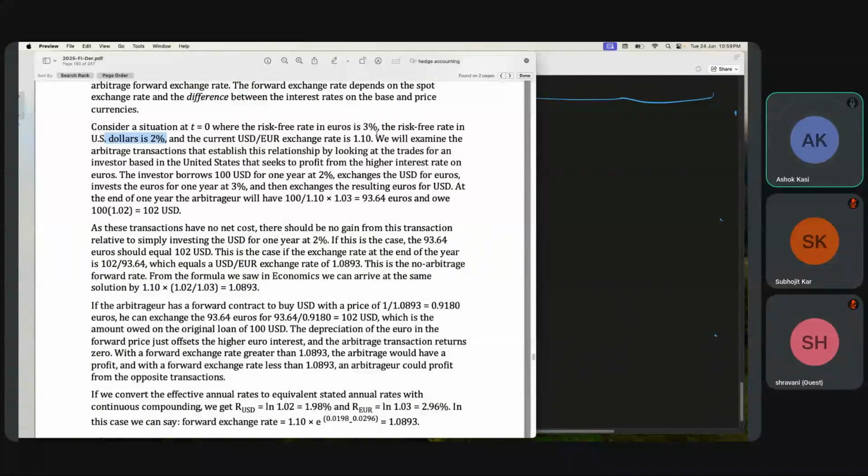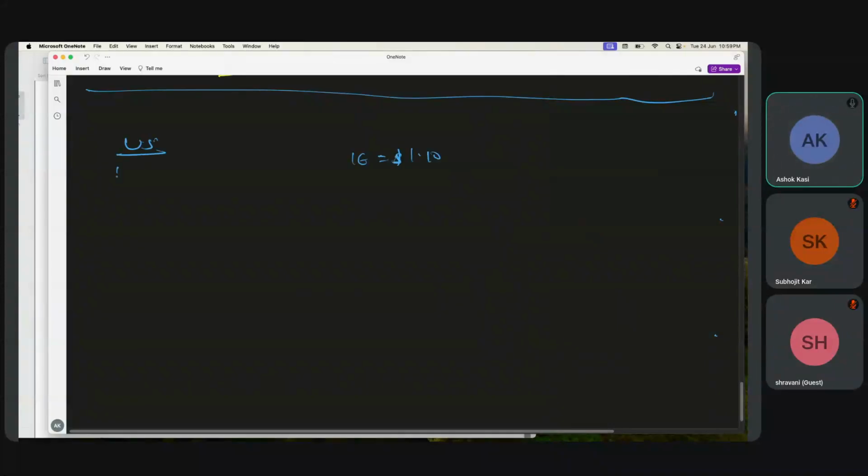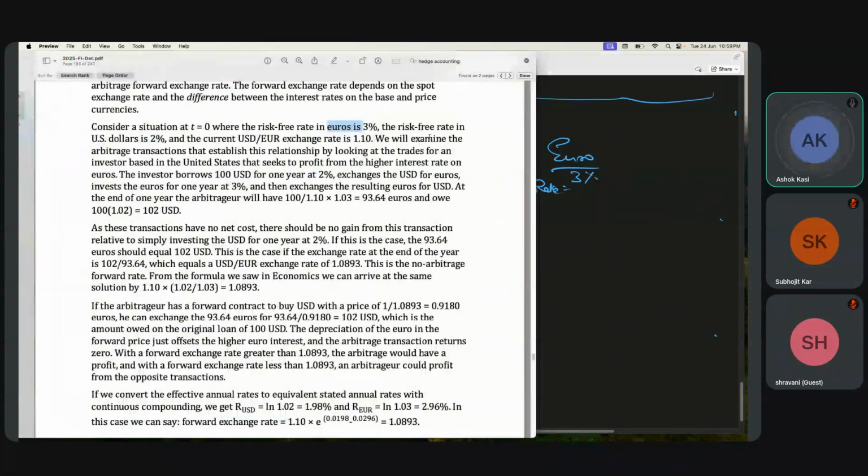Interest rate in US is lower, 2%, and in euro it is 3%. We will examine the arbitrage transaction by looking at the trades for the investor based in US that seeks to profit from the higher interest rates on euro.